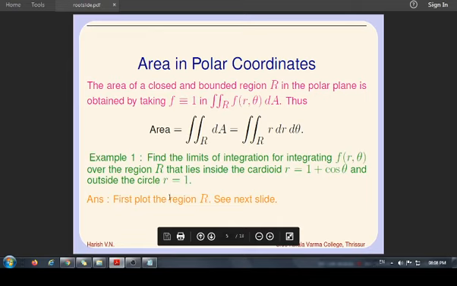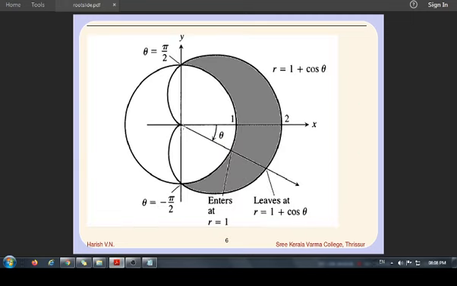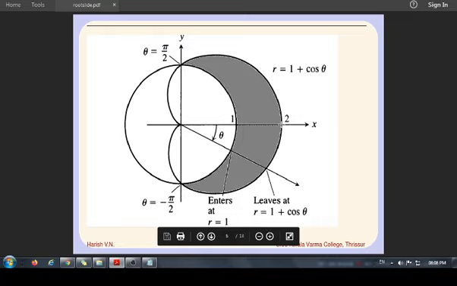So first let us plot the region R. Do you know how a cardioid will look like? A cardioid is in the shape of a heart. So this is the cardioid. r equal to 1 plus cos theta will start from this point when theta equal to 0, and it will trace like this, and it will reach here when theta equal to 2 pi.